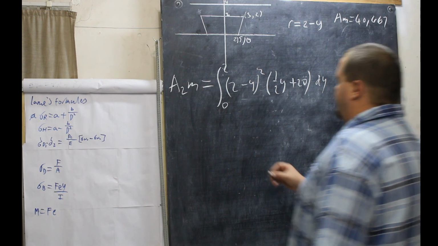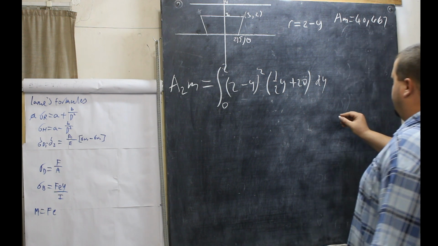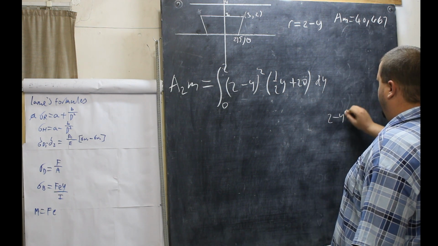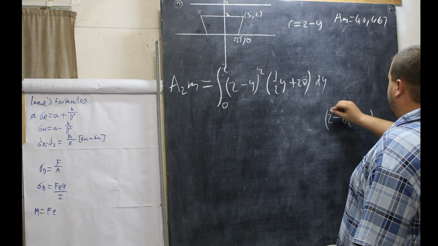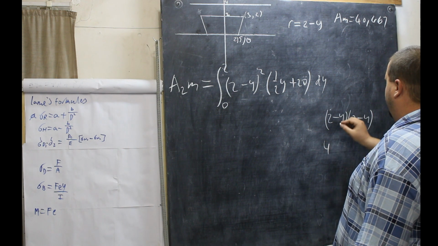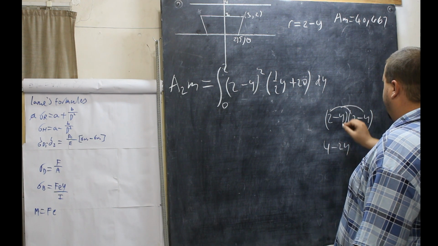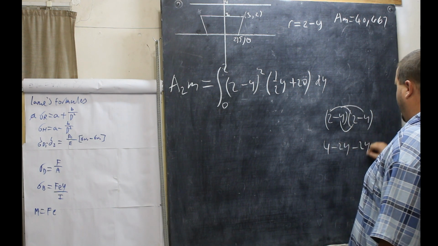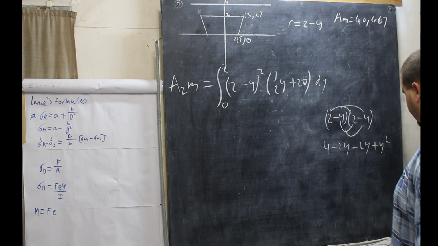So, first things first, we need to FOIL out 2 minus y times 2 minus y. So 2 times 2, 4, minus 2y minus 2y plus y squared.